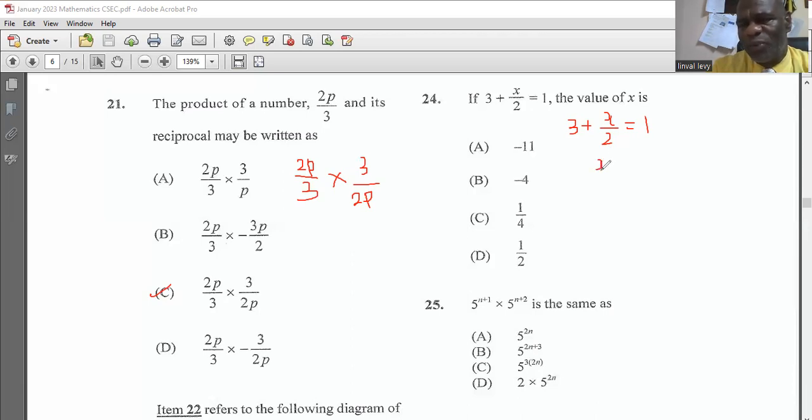I will be left with x over 2 equal to 1 minus 3. We want to isolate this x. Now we need to get rid of this 2, since x is divided by 2. So we are going to multiply both sides by 2.